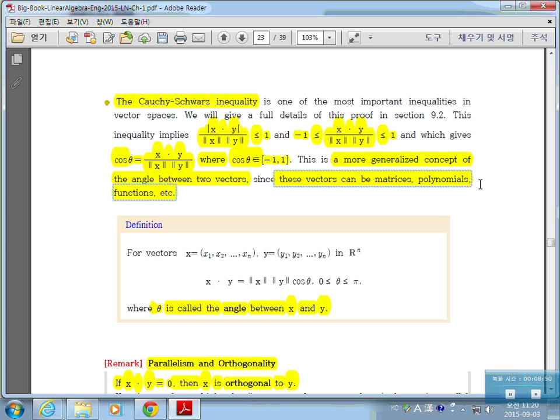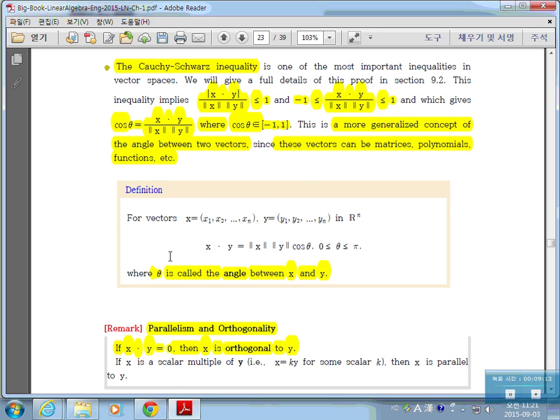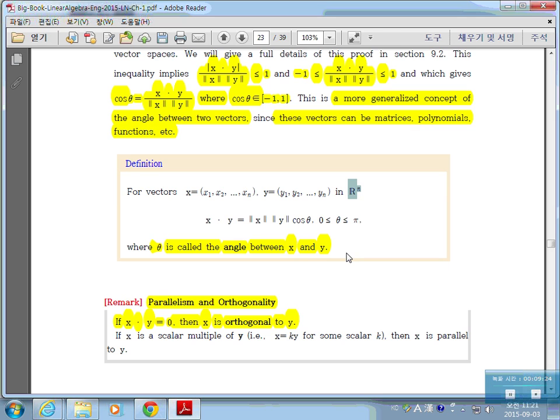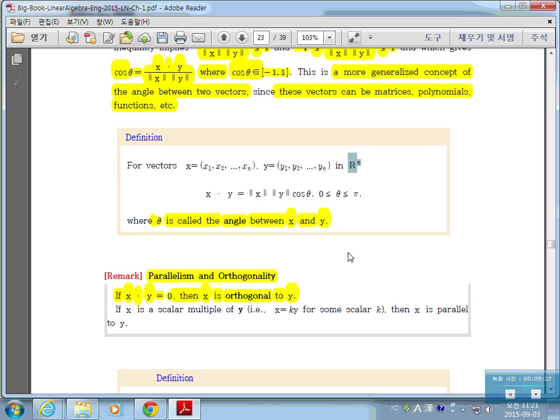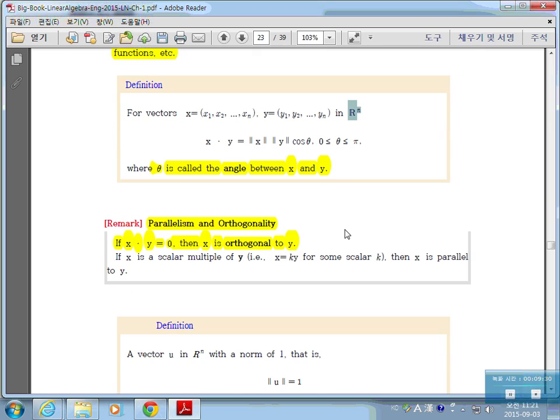Even if we have two different matrices, which can be considered as two vectors, we can think of the angle between two vectors, angle between two polynomials, angle between two continuous functions, etc. Okay? So the angle is defined in this way, not like what you have thought about the angle in R2 or R3. So this is a very general concept of the angle, a rigorous definition of the angle in Rn, which can be more expanded.